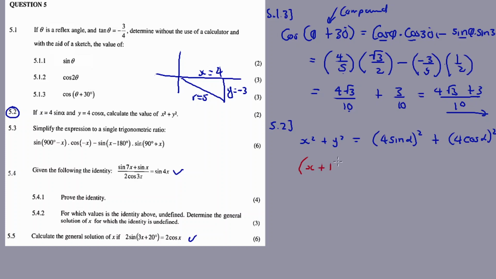Let's say x plus y, everything squared. Sometimes some students simplify this by squaring x and squaring y separately. If it's x plus y, you create two identical brackets, x plus y, then you FOIL this out and get your answer by collecting like terms.